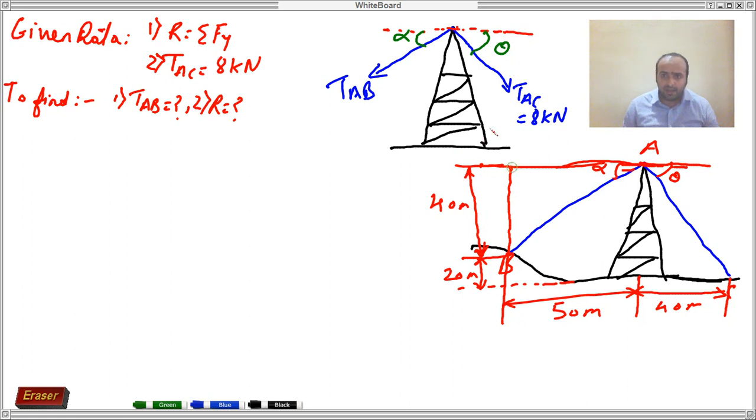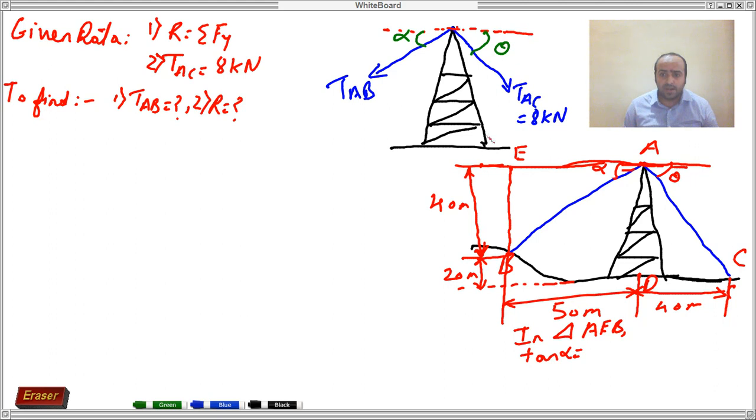This point I'll be naming as E, and this point, which was already given to us as C, this point I'll be naming as D. Now in right angled triangle AEB, we apply the trigonometry formula: tan alpha is equal to opposite upon adjacent.